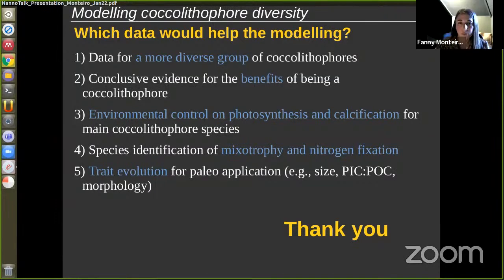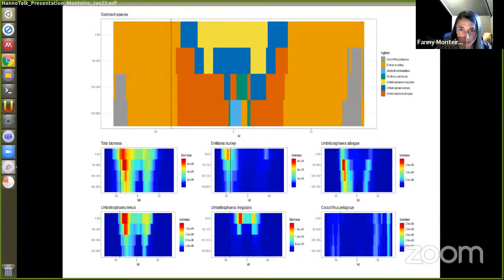Yeah, so I'll show you the result with depth. So that's the biomass estimates. In the previous plot I showed the integrated vertical biomass or abundance, but we also have the vertical representation. Here you have total biomass of coccolithophores as a function of latitude on the x-axis and depth on the y-axis. Emiliania, as you said, is dominant at the surface, but in the model at least, it also goes quite deep in the calcium carbonate belt region.